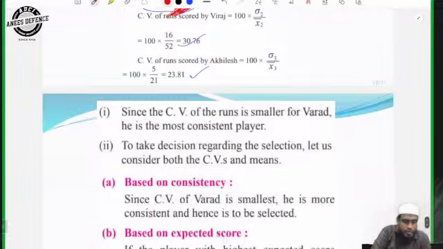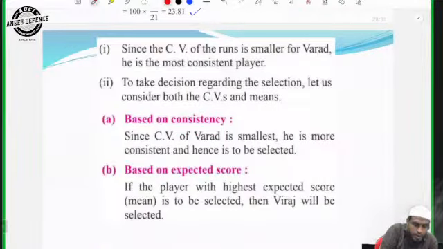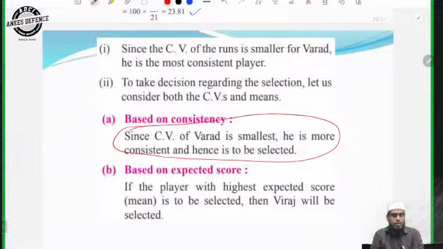So if you observe the data based on the consistency, the coefficient of variation of Varad is actually smaller. So we can say that he is more consistent.